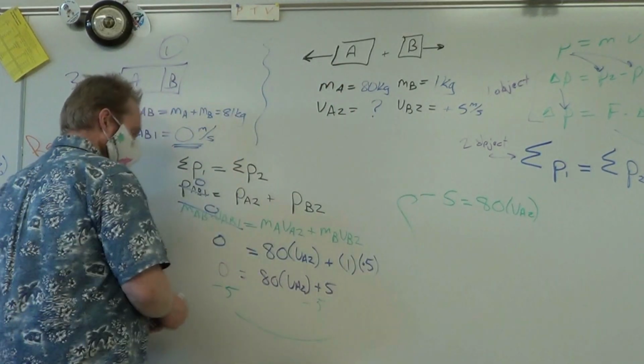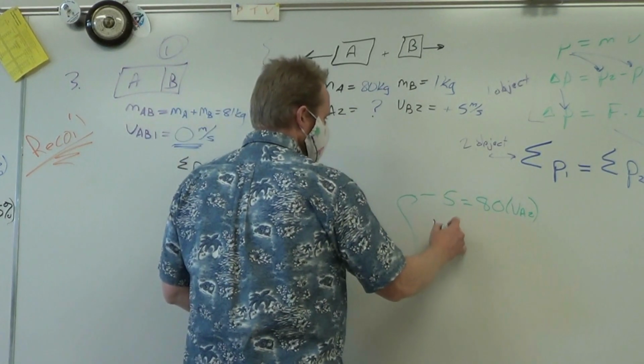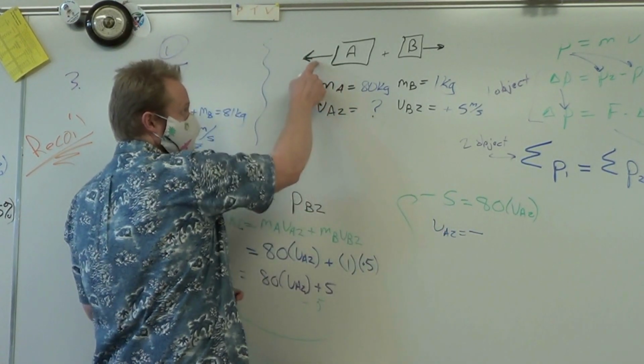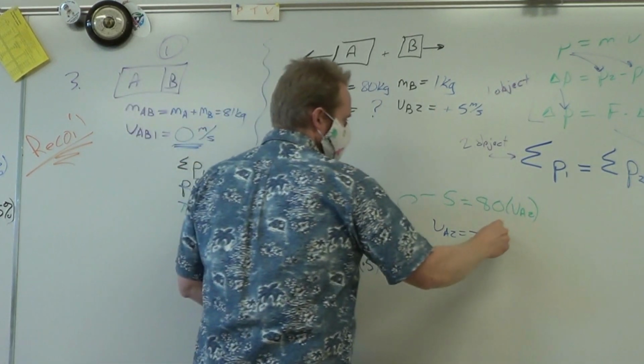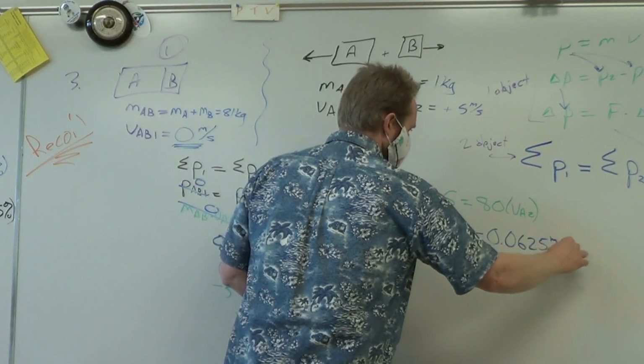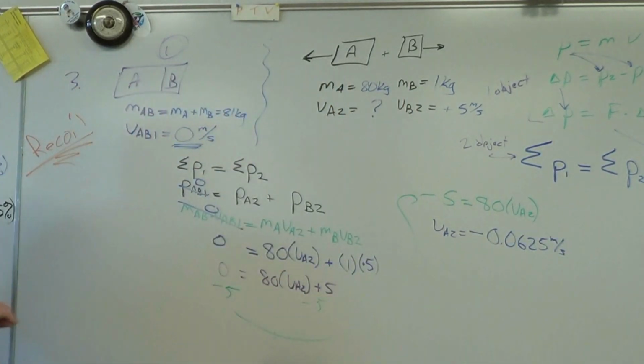Divide both sides by 80, and our VA2 is equal to negative, tells me the direction, 0.0625 meters per second. So she's going to drift towards the space shuttle at about 6 centimeters a second. Not super fast, but she's going in the right direction.